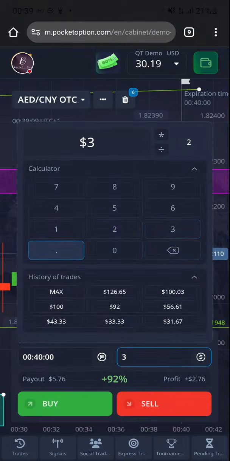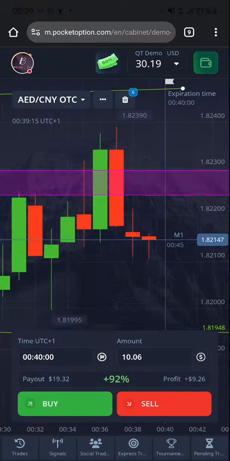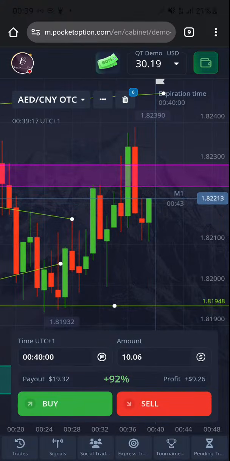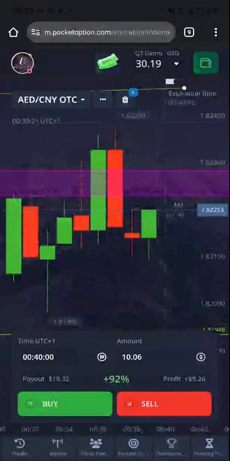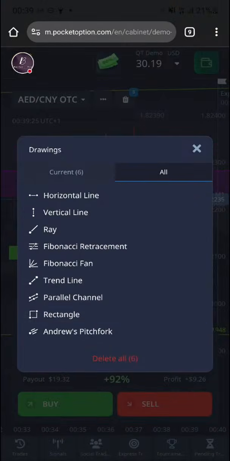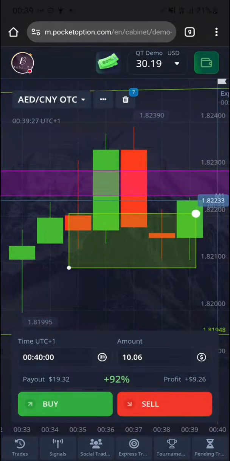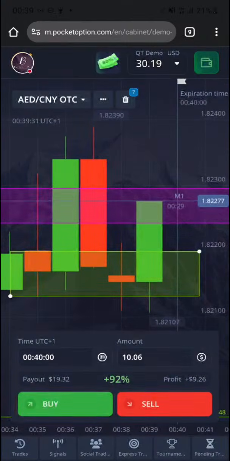Now, there's one thing I want to say: gaps are not strategies. So if you just see gaps and you want to trade based on gaps, no, it's not going to work. You understand? Now, the reason why I took the trade is because this area is a kind of demand area where you have buyers.